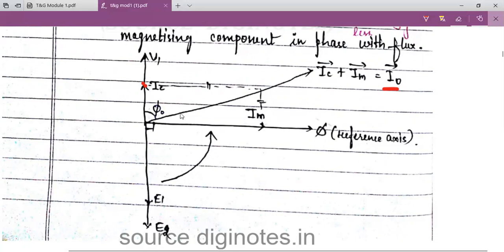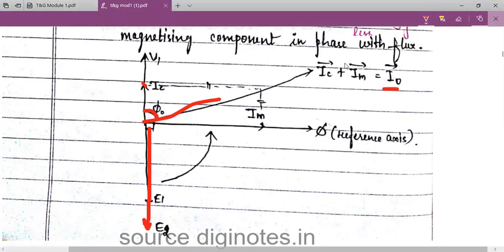This is a vector addition of IM and IC. The angle between V1 and I naught is phi naught, that is the no load angle. V1 and E1 are equal and opposite, so E1 is antiphase with V1, and E1 and E2 are in phase with each other. Clear? Yes.